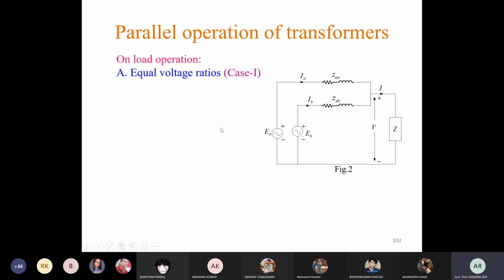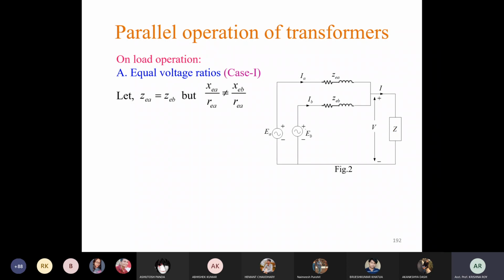Okay, now let us consider case 1 where ZEA and ZEB, that means the leakage impedance of these two transformers, are equal. So what will happen? Also another condition is that the leakage reactance to resistance ratios are not the same. The value ZEA is equal to ZEB, but this ratio XEA by REA is not equal to XEB by REB.